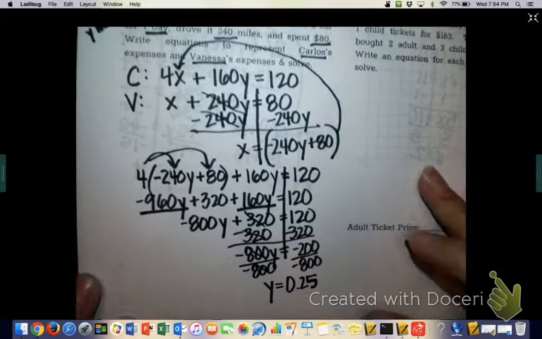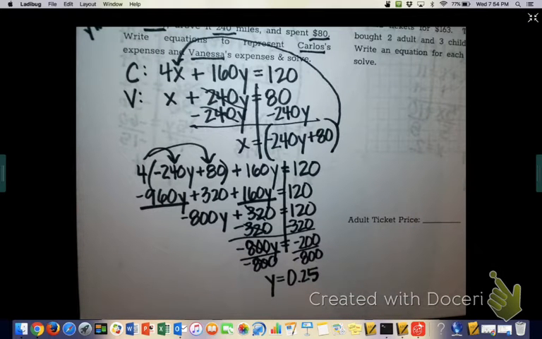Remember, unfortunately, that is only our Y coordinate. We've got to go solve it now for our X coordinate.